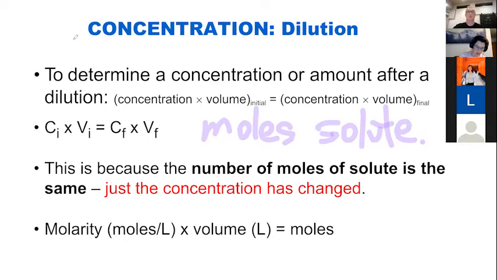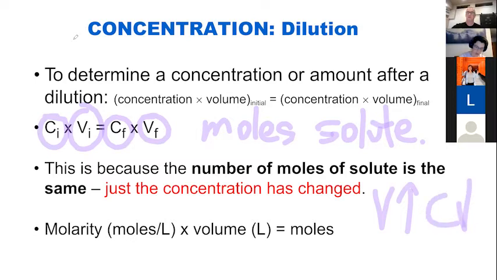So if the moles of solute stay the same, that means that the initial concentration times the initial volume that you remove from it, so that's my stock solution, is also going to equal the final volume times the final concentration. So as the volume goes up when you dilute something, the concentration goes down, which makes sense, right? If you dilute something, the concentration is going to get less because you're keeping the moles the same, but you're increasing liters on the bottom, you're increasing the volume.